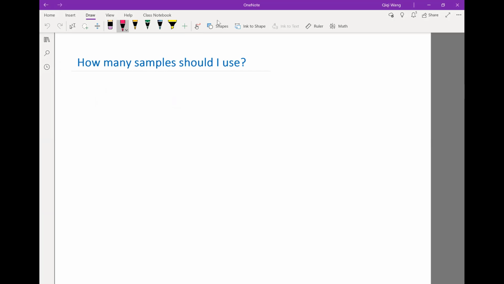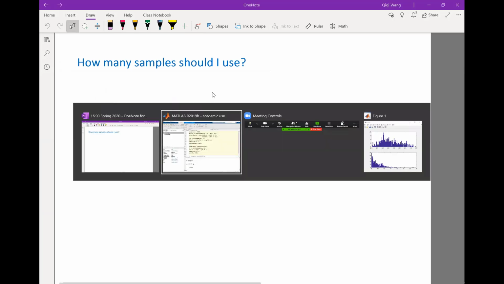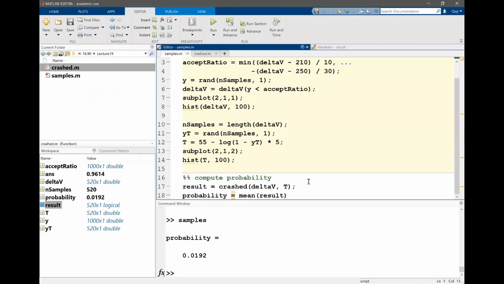So how many samples you should use really depends on how accurate a result you want to get. And I want to basically look at the probability I compute, and emphasize that the probability we compute by itself is a random quantity, right?